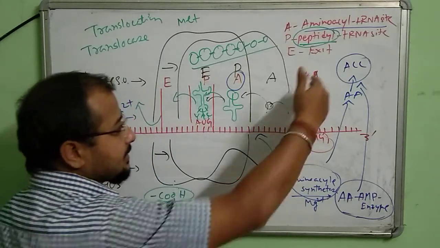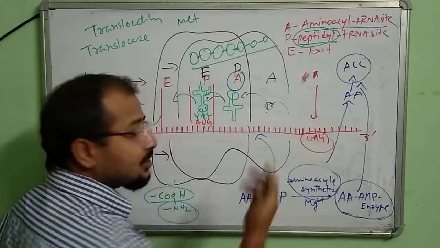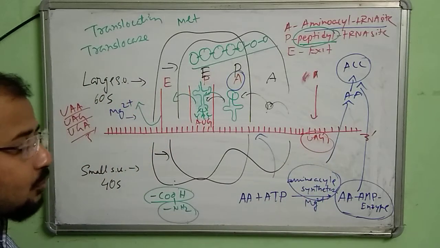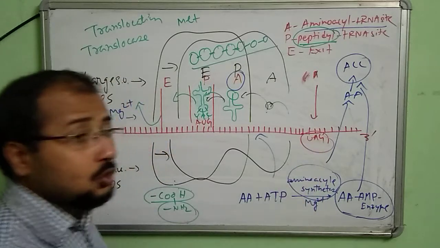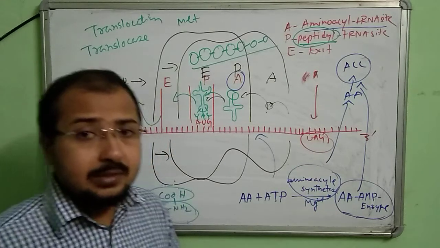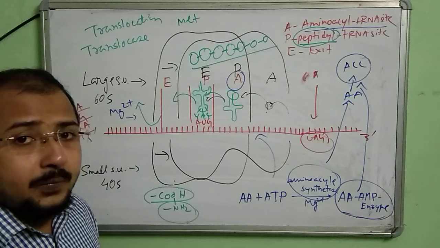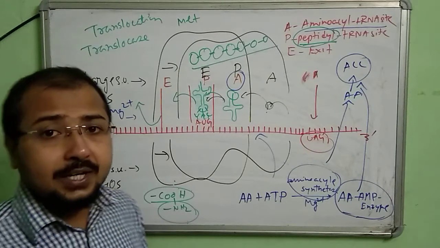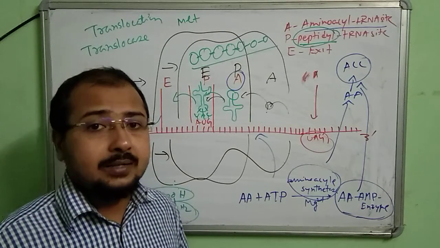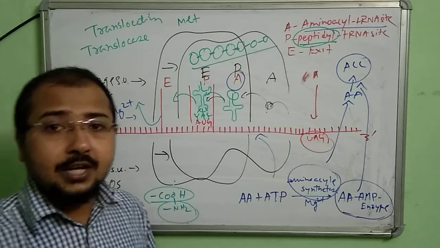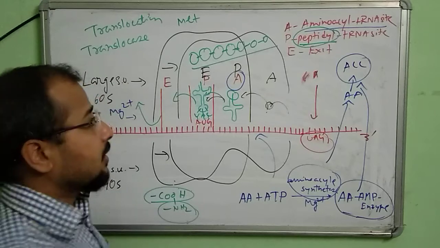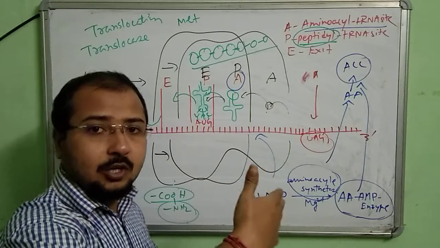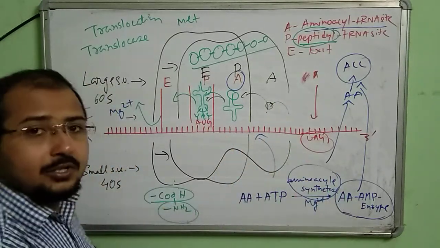But when the A site reaches the UAG codon or UGA or UAA, whatever it is, these codons do not code for any amino acid. So it means that no tRNA is going to come with an amino acid inside the ribosome. So the chain will stop. The formation of the chain will stop there. That is why translation stops.